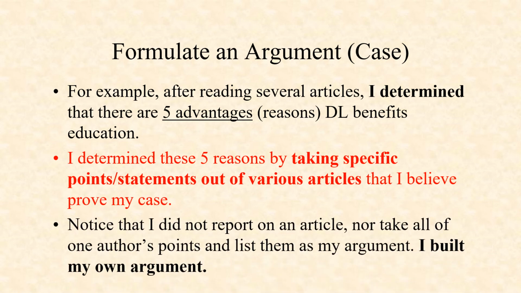And again, notice I did not take one article and say, well, here's what one article said, and so I'm just going to list everything out that those authors have talked about. I'm building my own argument. I'm taking bits and pieces from different articles that I've surveyed, and I'm building my own argument, my own case.